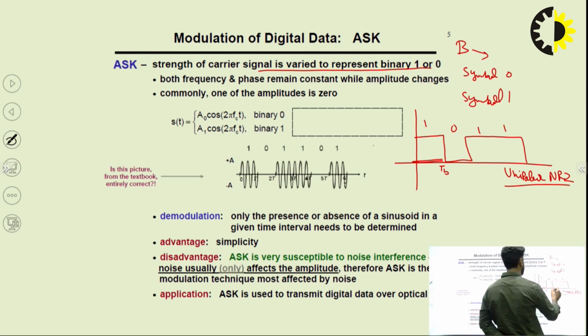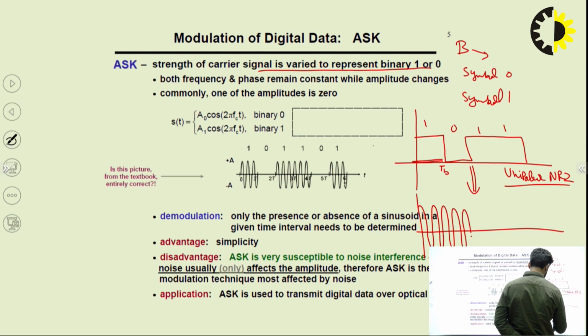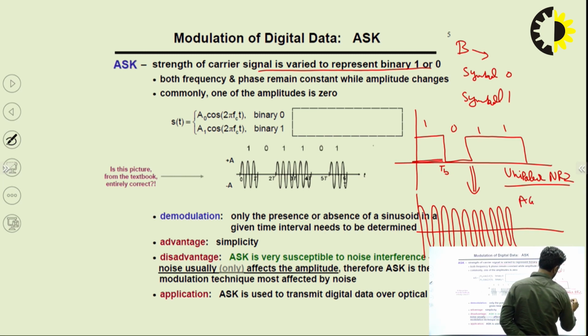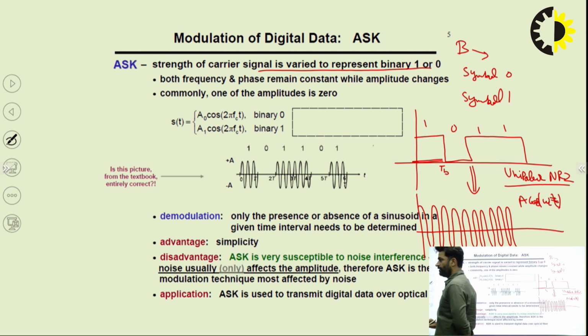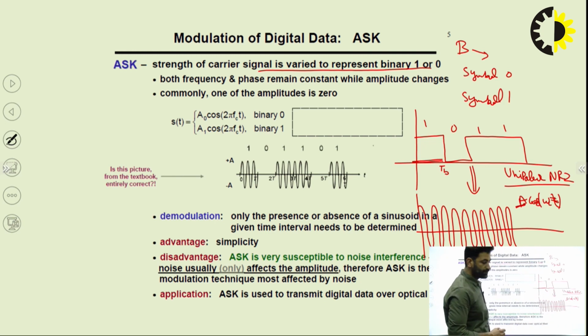Now we are mixing this signal with the carrier signal. The carrier is A cos omega ct, or you can write A cos 2 pi fct. The amplitude of the carrier is varied with respect to the modulating signal.